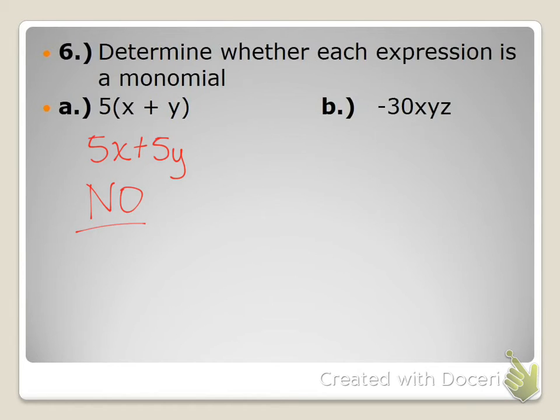Yes, this one is a monomial. We're just multiplying all those together. Okay, that's a little review. I think we did these notes in a different order last year, which might be why this doesn't match up. So the big idea today is our divisibility rules. So we're going to have a worksheet on that.